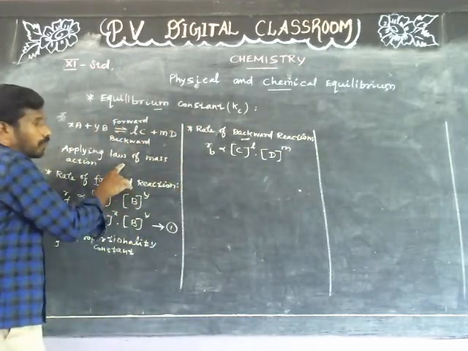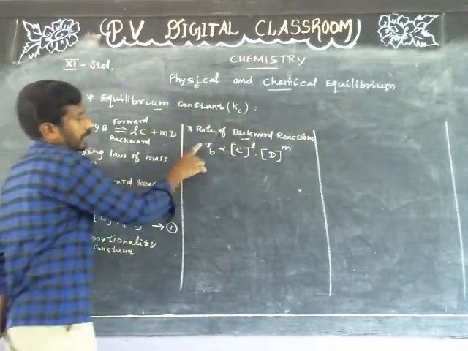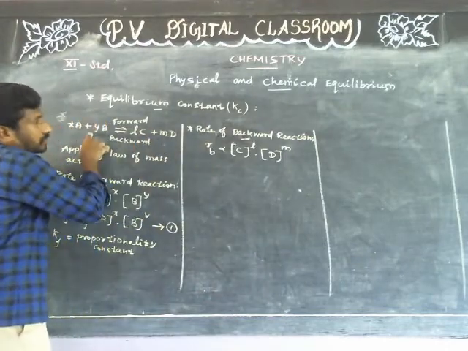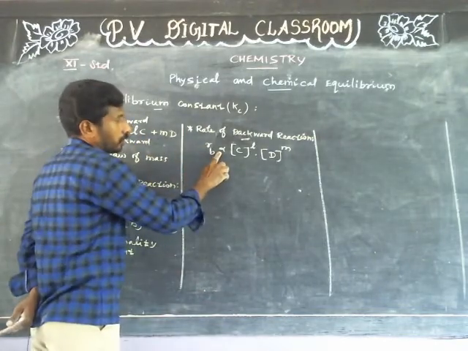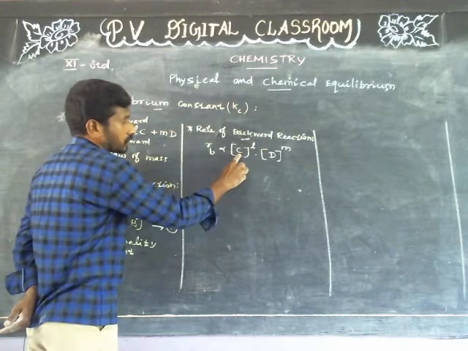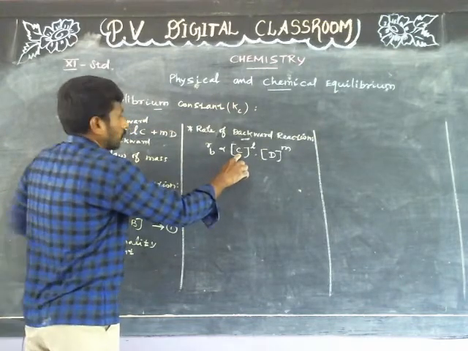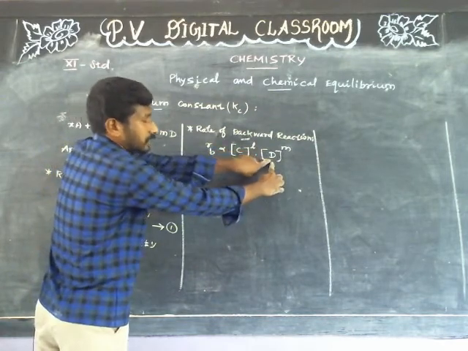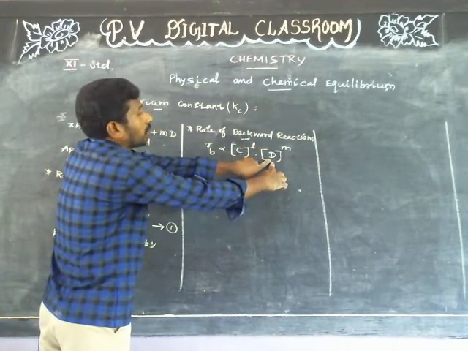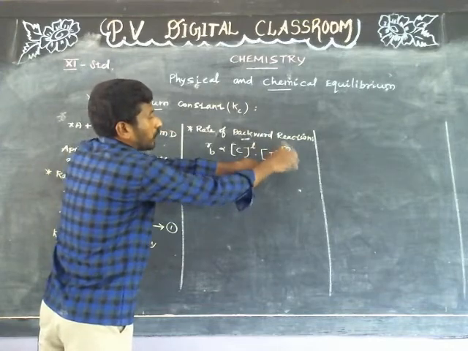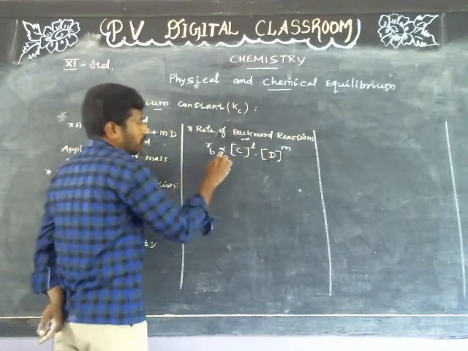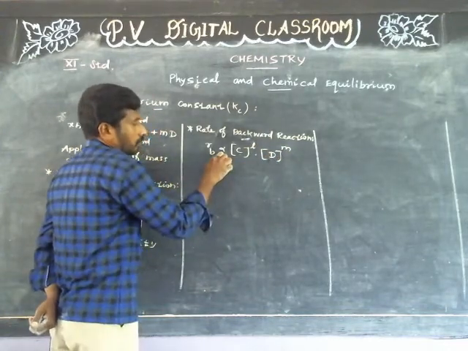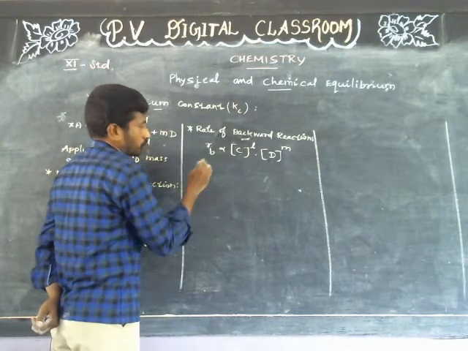According to the law of mass action, the rate of the backward reaction is directly proportional to the product of active masses of the reactant C and the reactant D raised to the respective stoichiometric coefficient. When we remove this proportionality, we should introduce a constant.